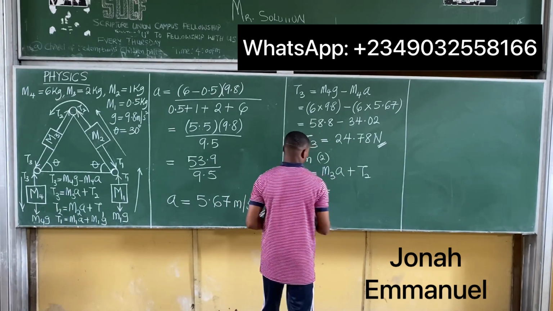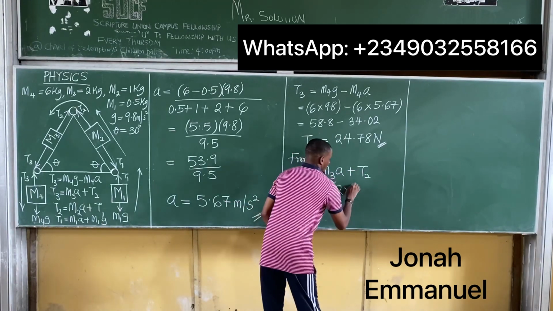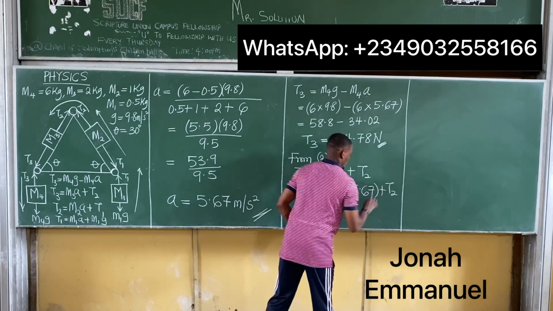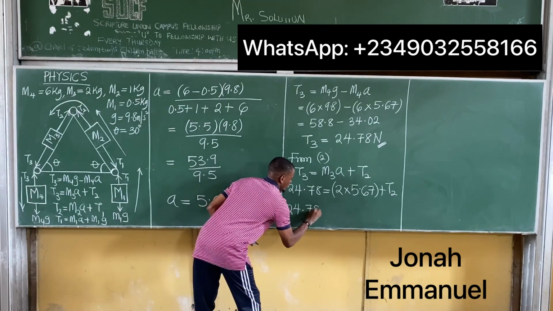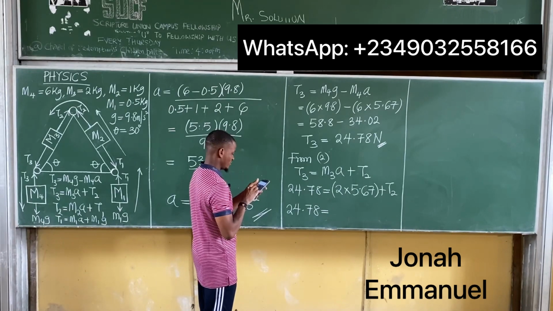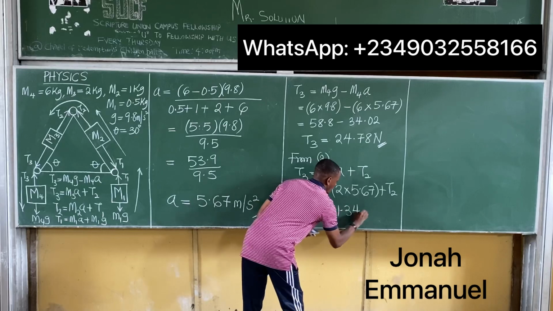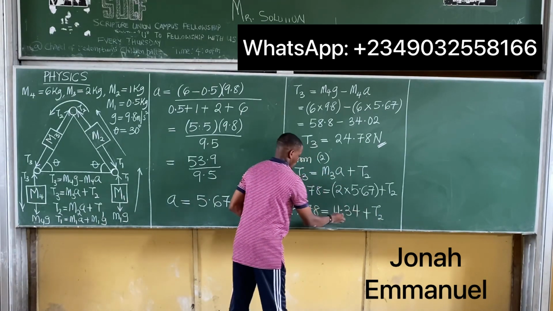M3's value is 2 times A. The value of the acceleration is 5.67, plus T2. This gives you 24.78 is equal to 2 times 5.67. That's 11.34 plus T2. So hence, to get the value of T2, I'll move this over here.